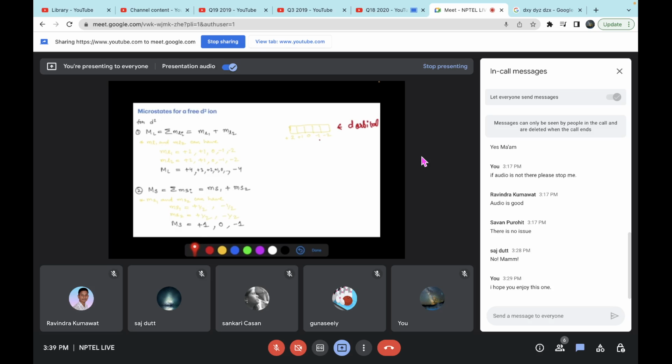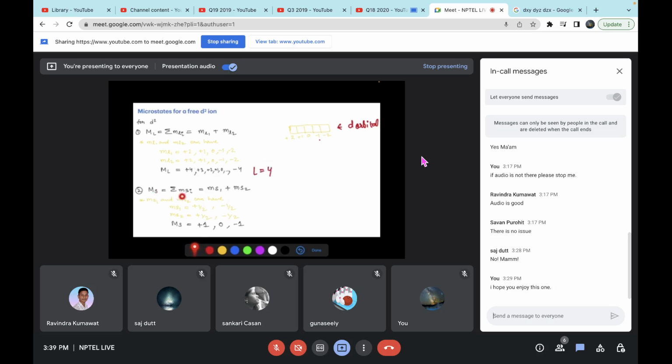ML1 and ML2 can each have values from plus 2 to minus 2. So for ML, the summation goes from plus 4 to minus 4. The maximum value of ML is plus 4, so my L is 4 here, correct?